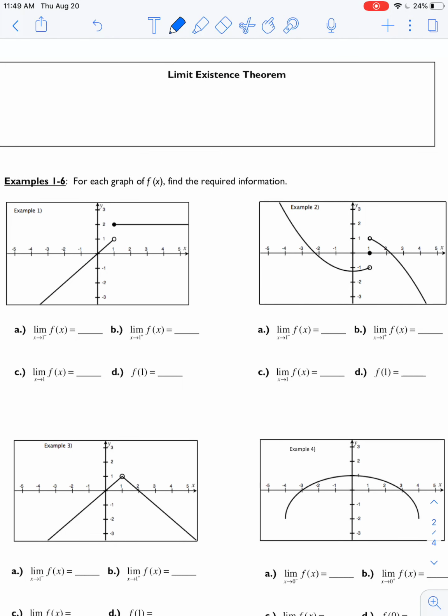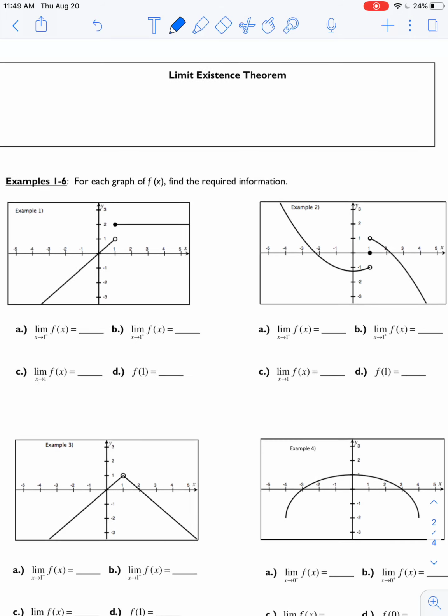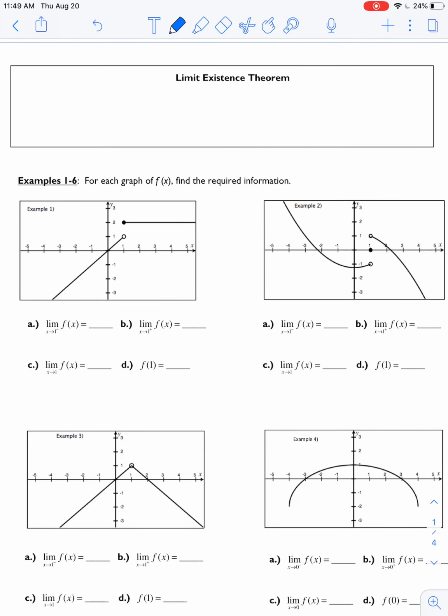All right, so let's actually talk about when a limit exists. And so this is the limit existence theorem. I'm going to write down the really complex theorem first. A lot of times you'll see these theorems that have complex formulas, and then we just kind of have to translate them into better English.